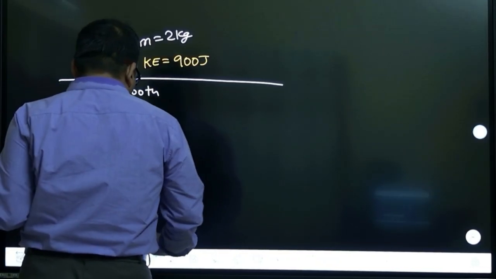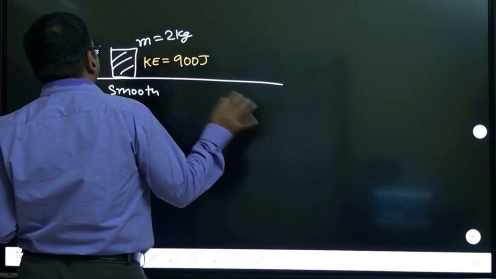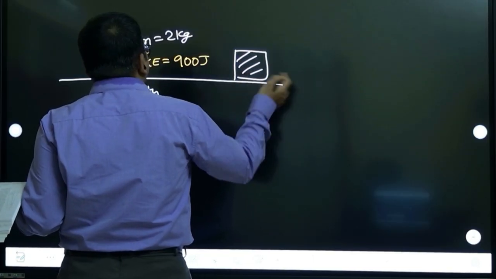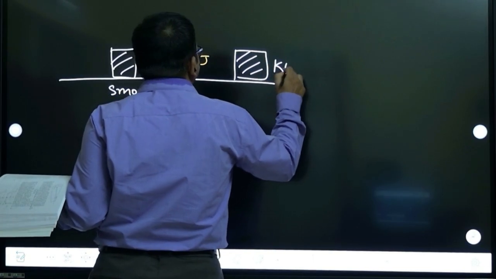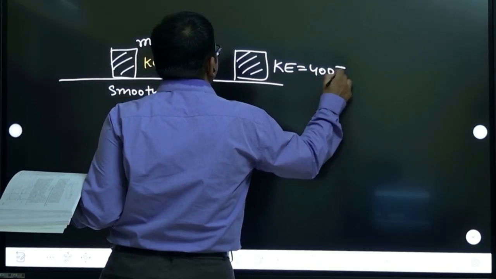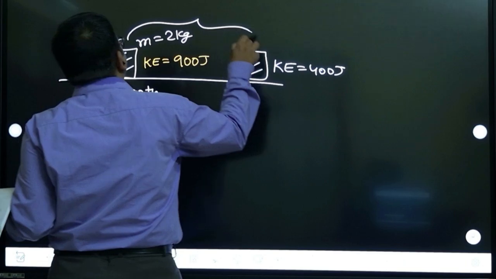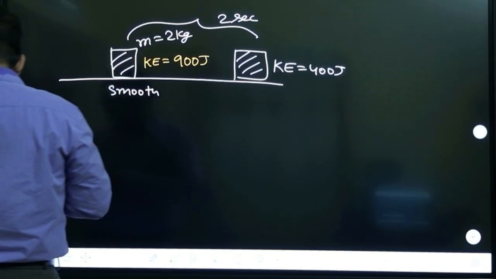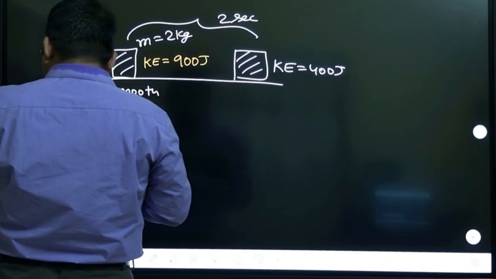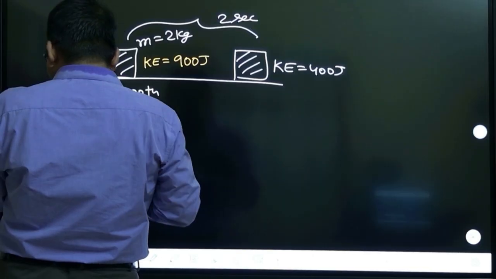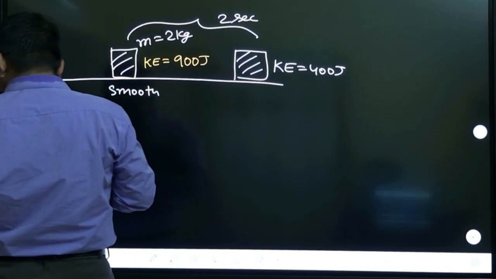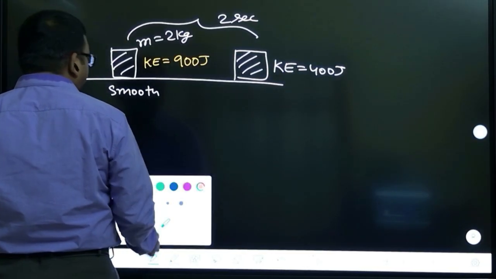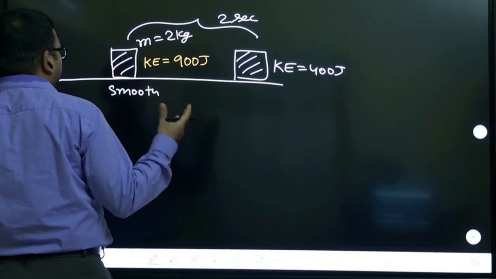That means after 2 seconds it is under motion. Where it is moving, we do not know, but after 2 seconds its kinetic energy is only 400 joule, and this happens in 2 seconds. They have not given what forces are acting; you have to think about that.